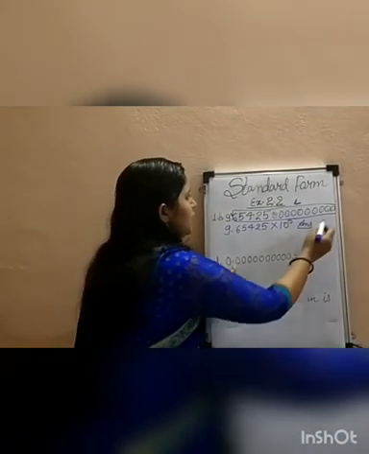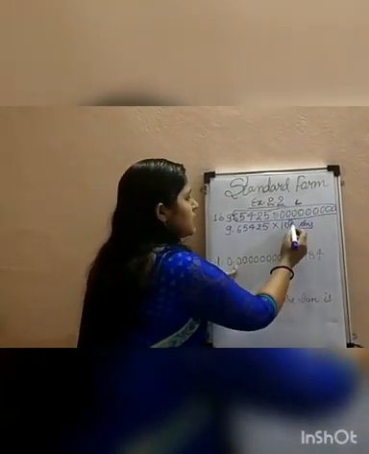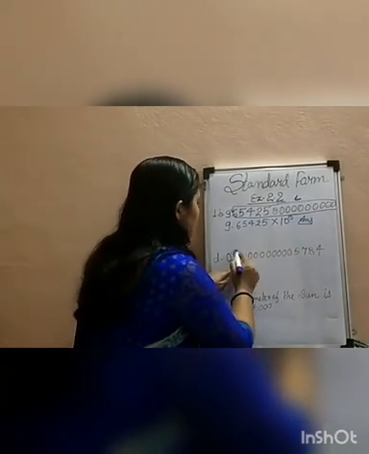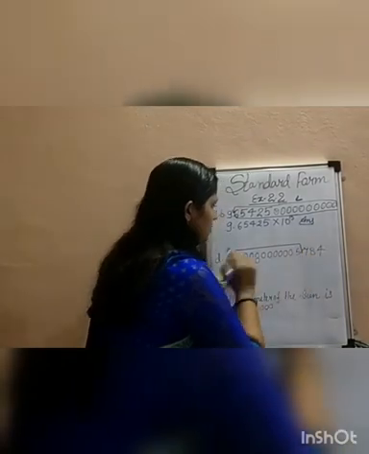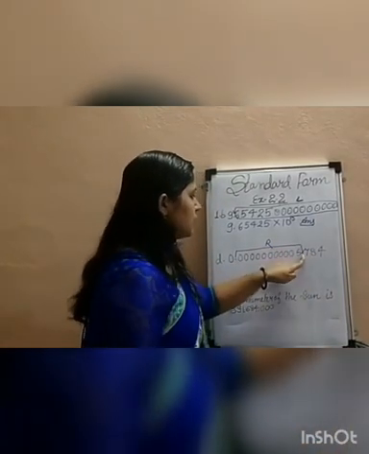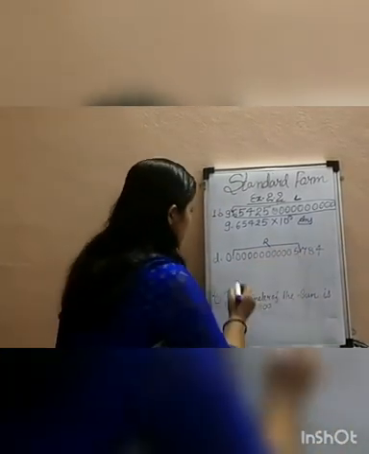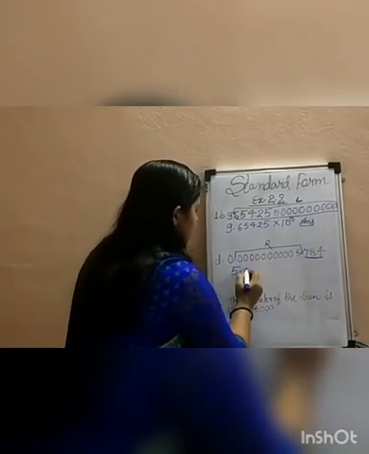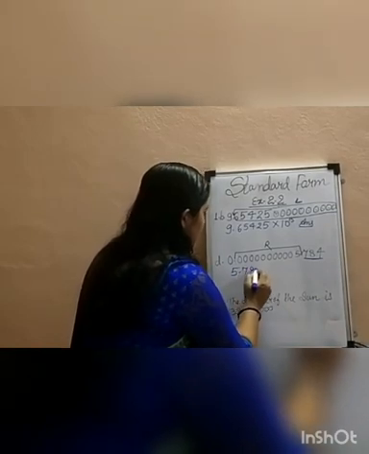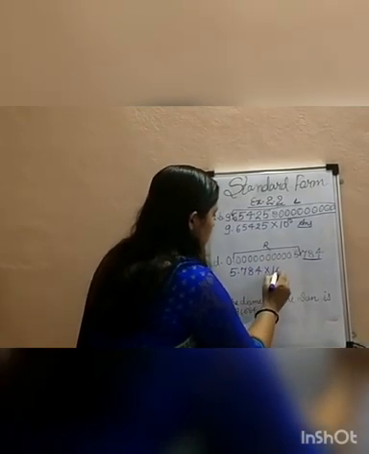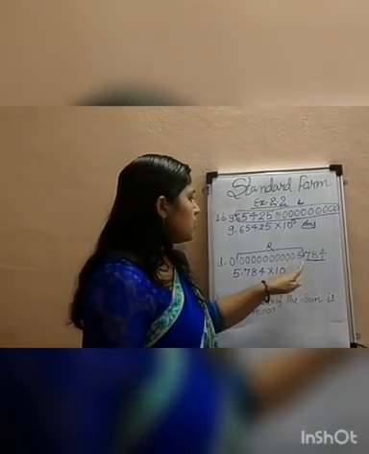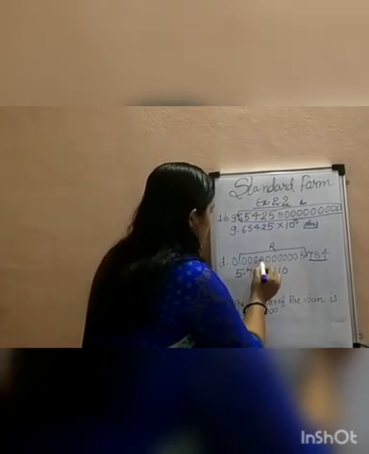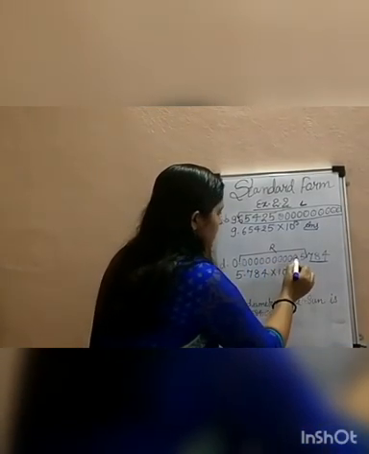Now this one is 0 decimal. I told you if we are going left side, the answer will be positive, and here we are going right side. This decimal I am going to put after 5 here. Here we are going right side, so the answer will be negative. Here we can write 5 decimal, the rest of the number we can write as it is, 7, 8, 4 into 10 to the power. Now we can count the numbers from here.